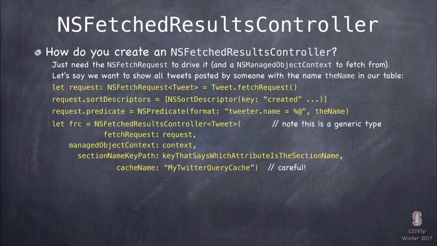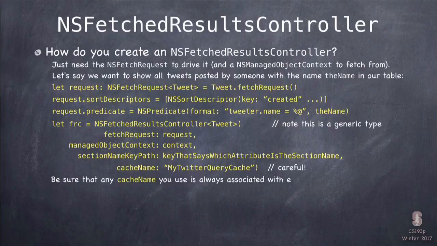So it's going to get all those tweets, and I'm going to set that request as the first argument there to NSFetchedResultsController. By the way, notice NSFetchedResultsController is also a generic type. An NSFetchedResultsController can only control fetches for a certain type. So you have to say what type of entity your fetched results controller is controlling.